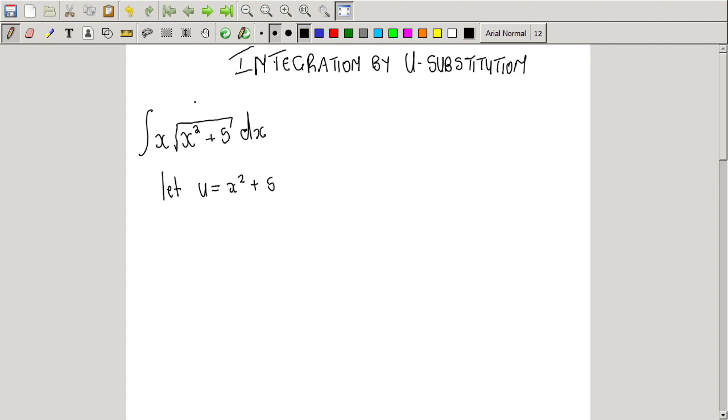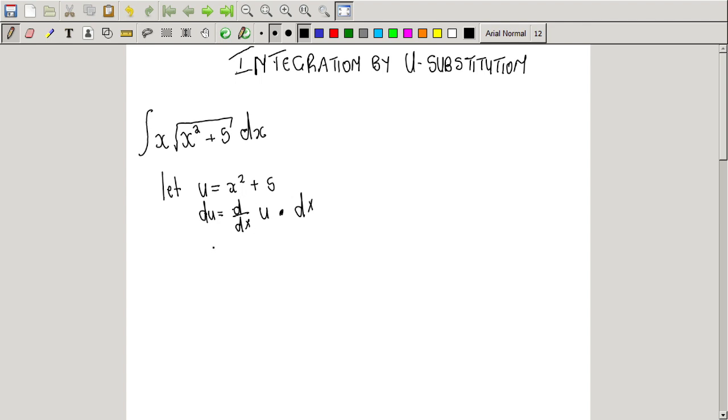So now we have to express the entire integrand in terms of u. Since this one will be u, everything must be in terms of u, our entire integrand. So even here in place of dx, we must have du. So our du is equal to d over dx of u multiplied by dx.